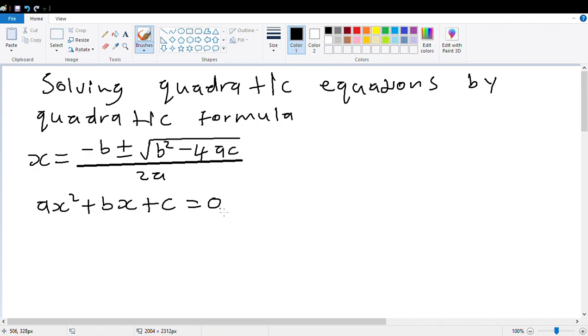Then you can use this quadratic formula. So let me make some examples so that you can see what I'm talking about.